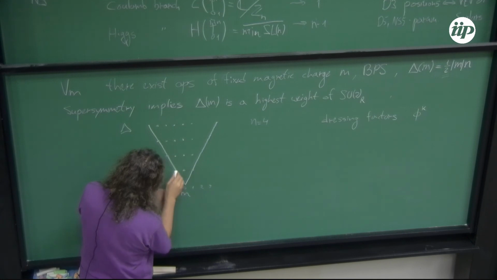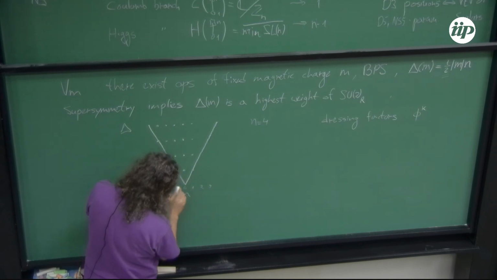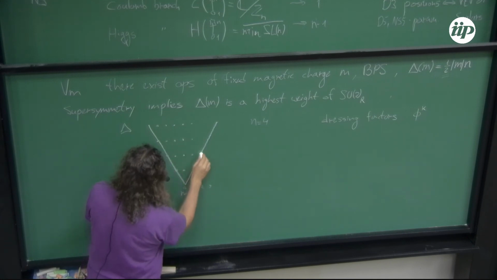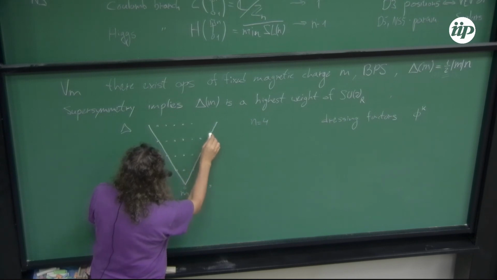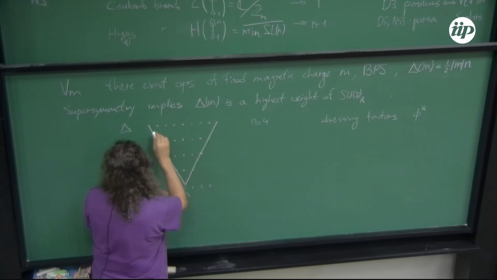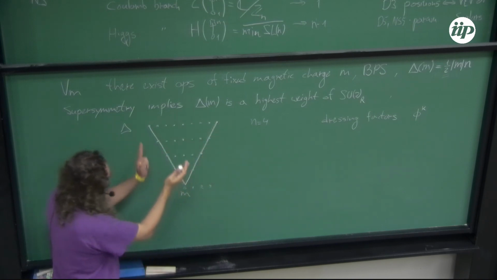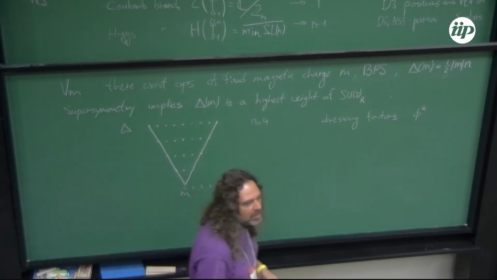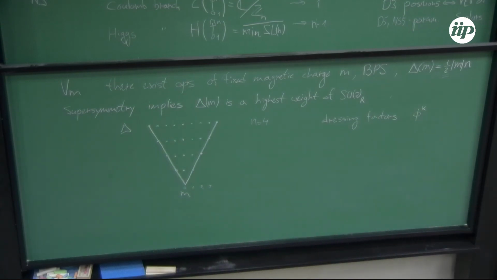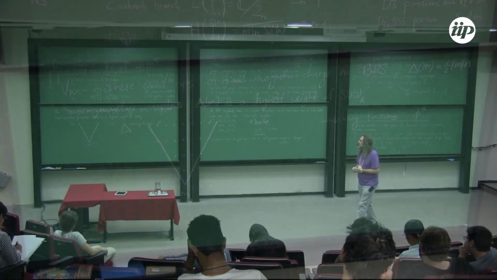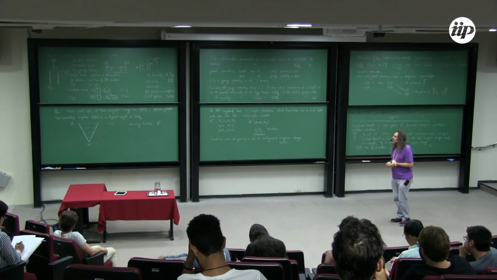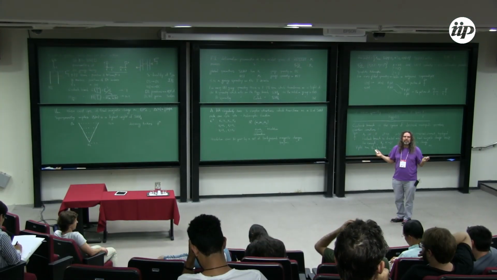Okay? It's a very nice structure. These are all the operators in the chiral ring. And they form a cone. They form a nice cone. If I collect all of these as the space of functions or the space of operators in this theory, it turns out that this is precisely enough.